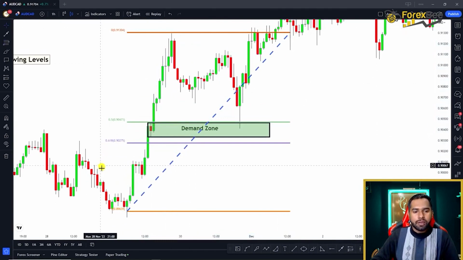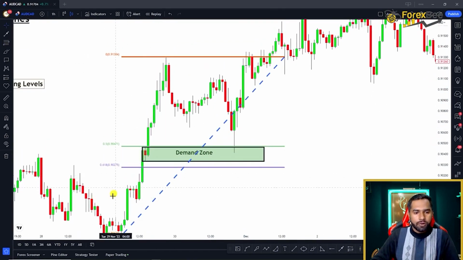So here you can see that for this bullish move, when I draw the retracement, the level between 0.5 and 0.618, or 50% and 61.8%, is the golden zone. And within this zone, there is the formation of the demand zone. Now, what does the demand zone say?